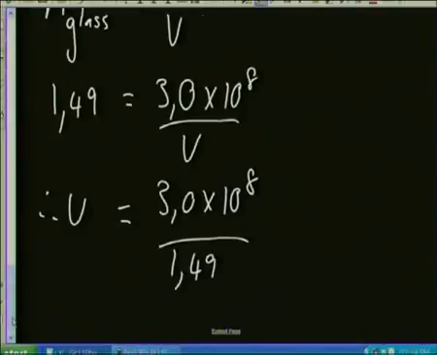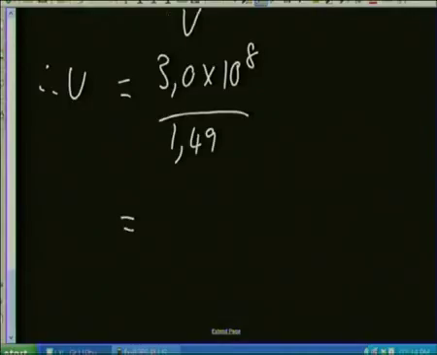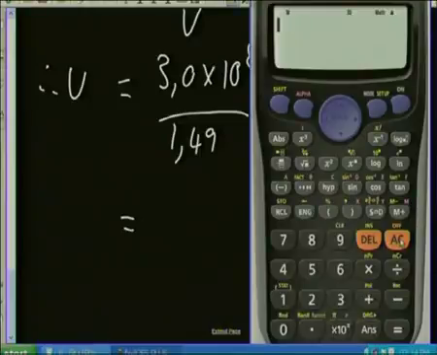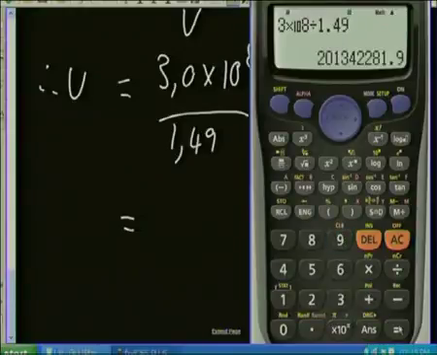So it's changed quite a bit. We're going to divide by 1.49, it's almost 1.5, 3 exponent 8. Do your rounding off, don't want to get extra places, divide by 1.49, and there we go. The speed of light here is 2, and then you can count the number of digits after the 2: 1, 2, 3, 4, 5, 6, 7, 8.